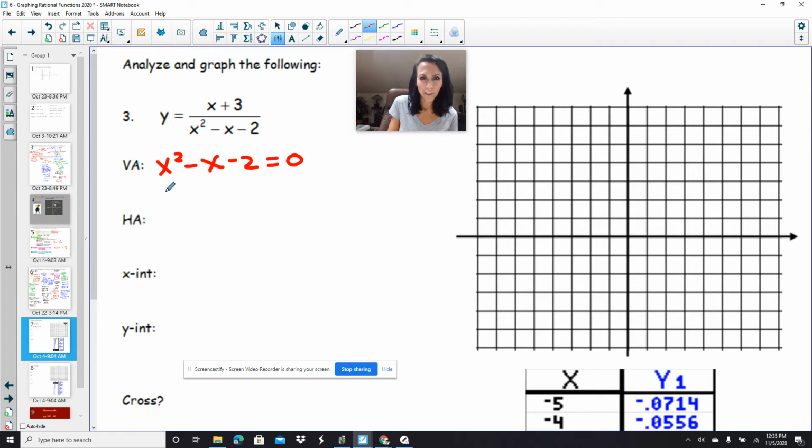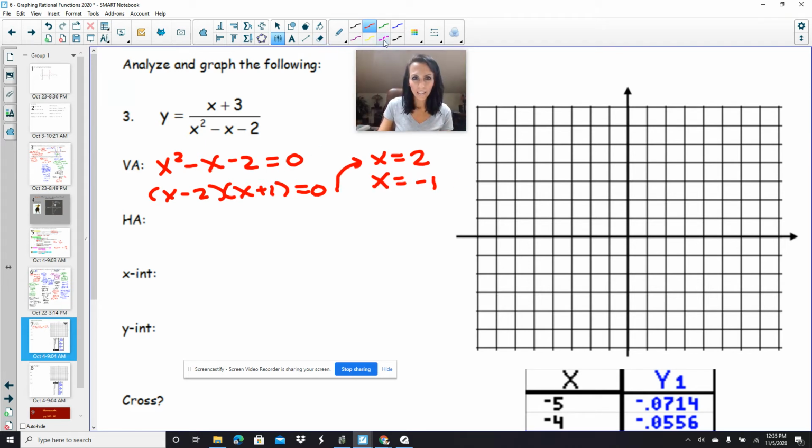And this time, a little bit harder, right? We got a factor, x minus 2 times x plus 1 equals 0. So set each factor equal to 0, and you get a vertical asymptote at x equals 2 and a vertical asymptote at x equals -1.